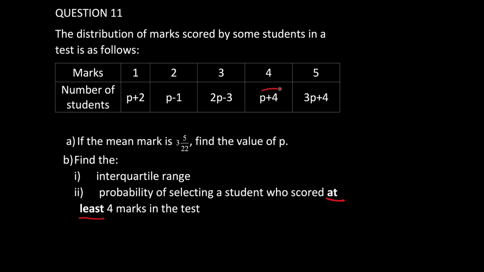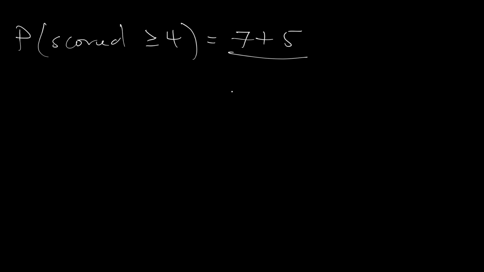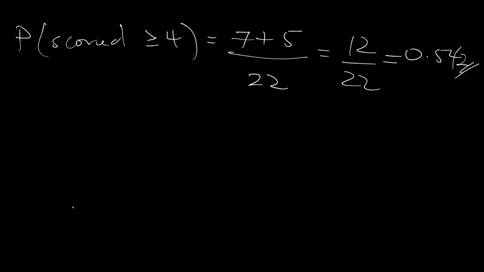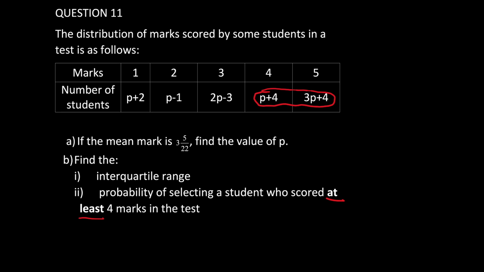So the probability of selecting a student who scored 4 or more will be equal to 7 plus 5, all over the total number of students, which is 22. And this gives us 12 over 22, which is equal to 0.542. So this brings us to the end of question 11.